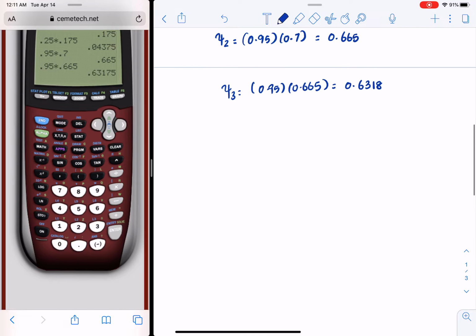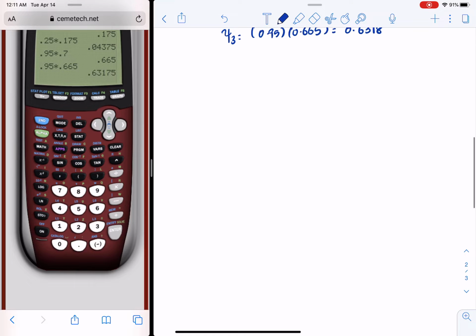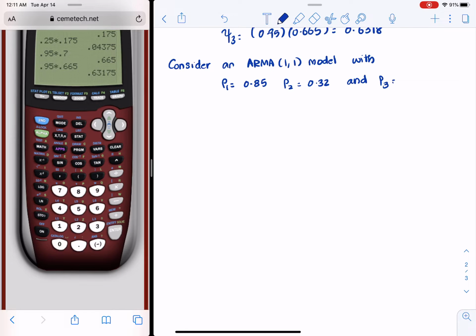So here is another example. So let's say we have an ARMA 1-1 model, and we have autocorrelations.